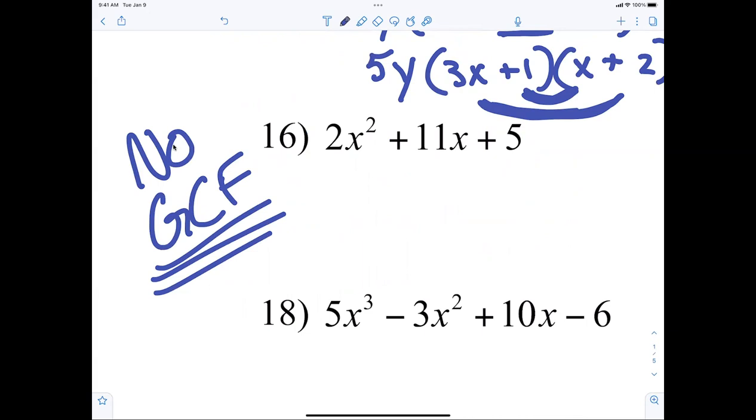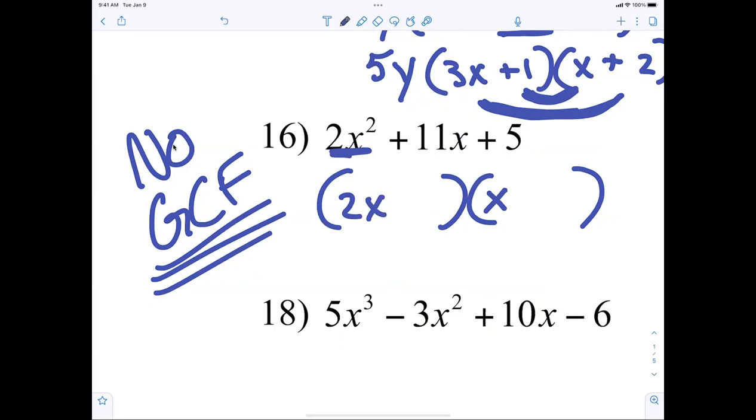So now it's just a normal factoring problem. 2 sets of parentheses. How do I make 2x squared? 2x and x. Where does the 5 go? Right, because we want to make 10 with that, because that makes 1. Simple. 10 and 1 makes 11. There you have it.